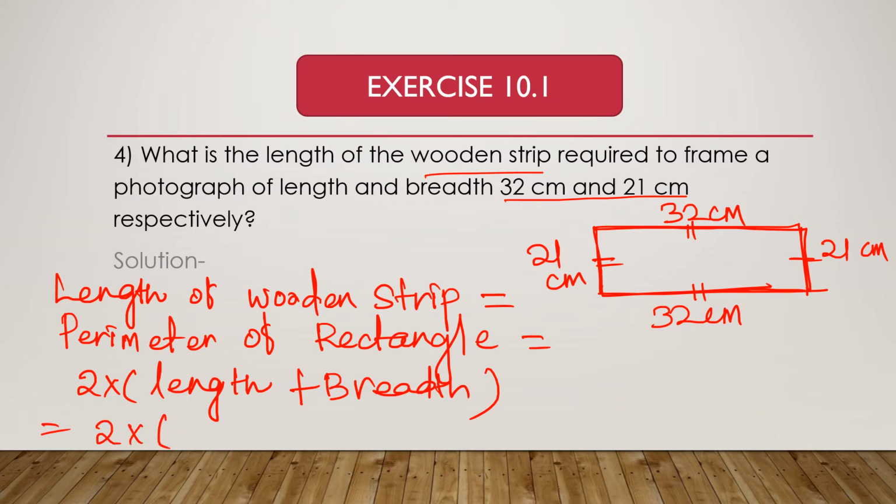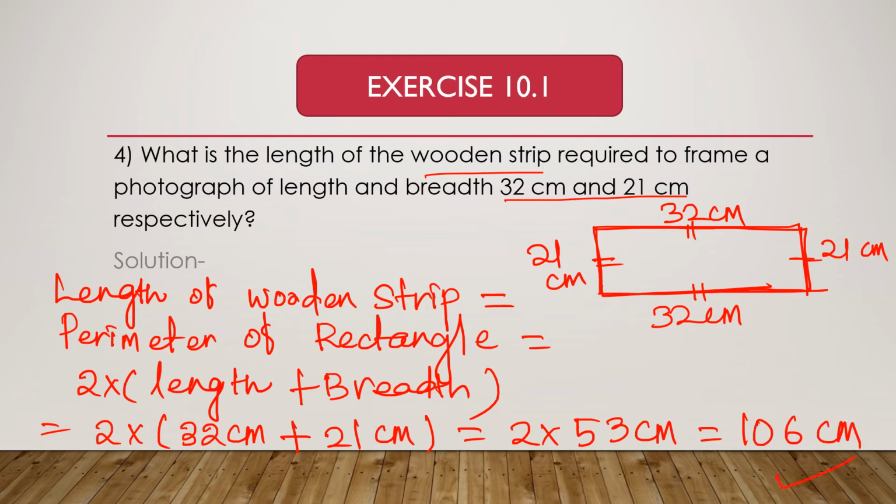Two multiplied with length 32 cm plus breadth 21 cm. 32 plus 21 is 53 cm. And 2 multiplied with 53 is 106 cm. So length of the wooden strip required to frame the photograph is 106 cm. This is the perimeter of the rectangular wooden strip, that is 106 cm.